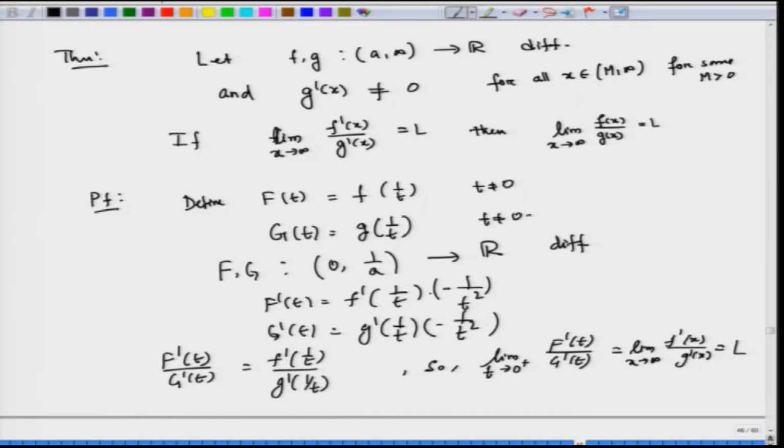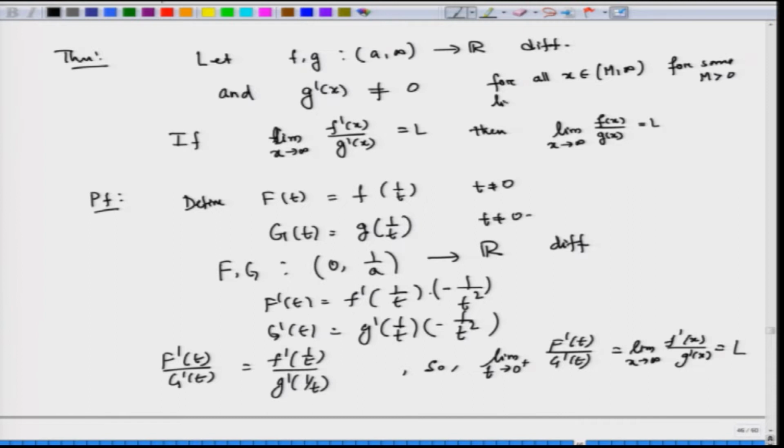For that, what we need is that as t goes to 0, F of t has to be 0 and G of t has to be 0. That means the limit as t goes to 0 of capital F of t is 0.